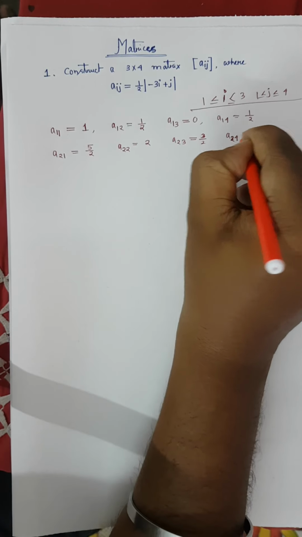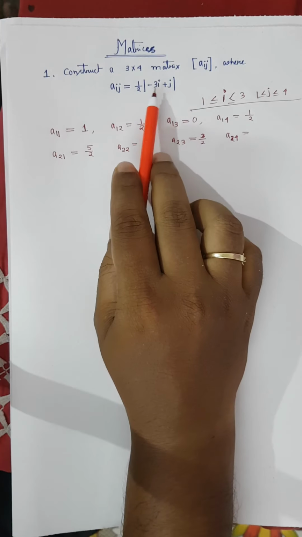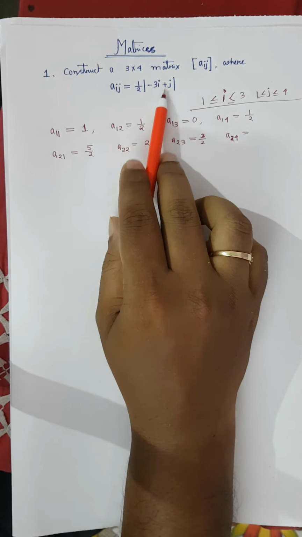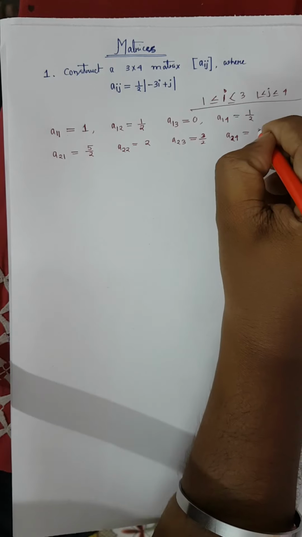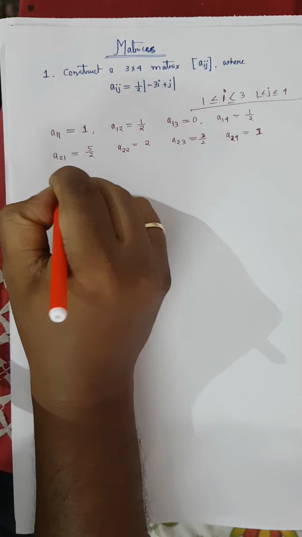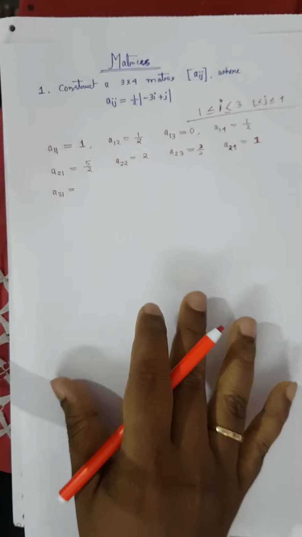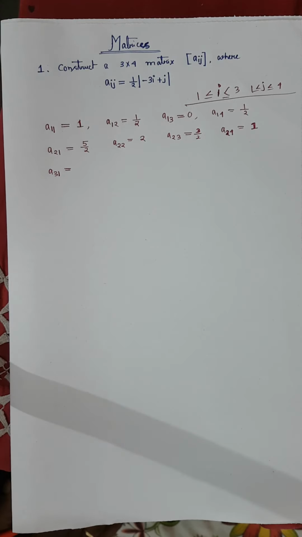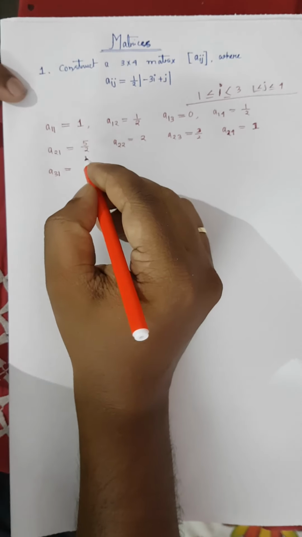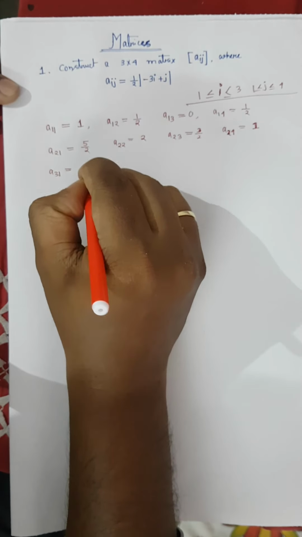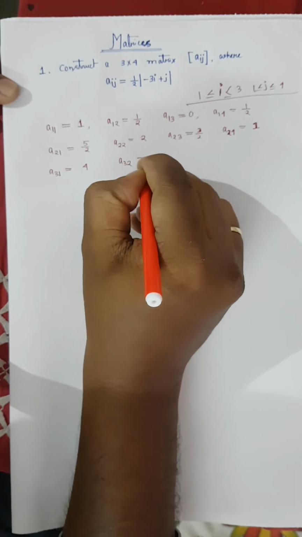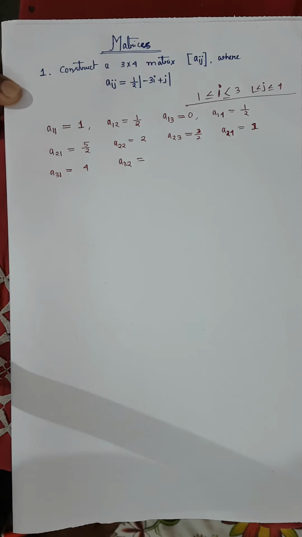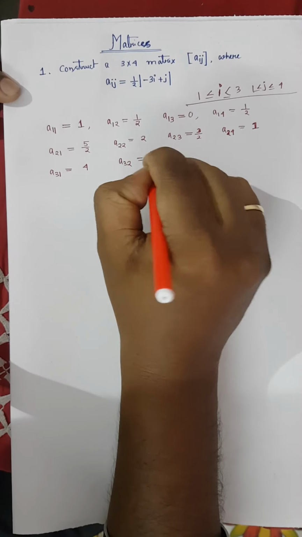And a24, second row fourth column, now minus 6 plus 4 is minus 2, take mod plus 2 by 2, it is 1. And a31, now third row first column, so i is equal to 3, minus 3 into 3 is minus 9 plus 1 is minus 8, take mod plus 8 by 2, 4. a32, now minus 9 plus 2, 7, it is 7 by 2.